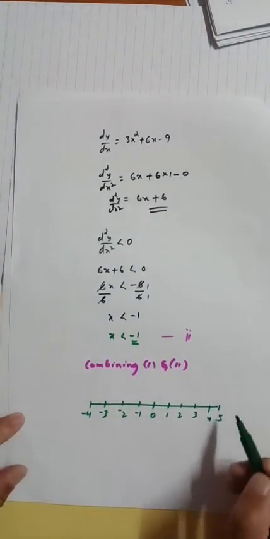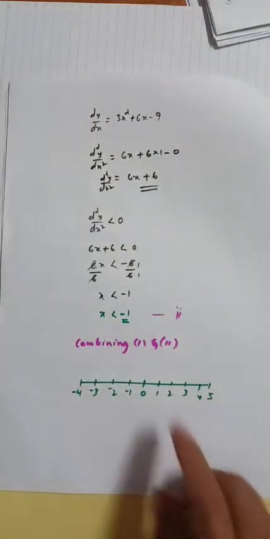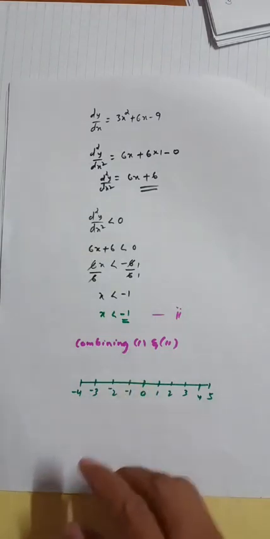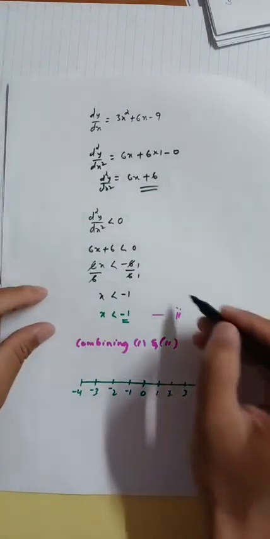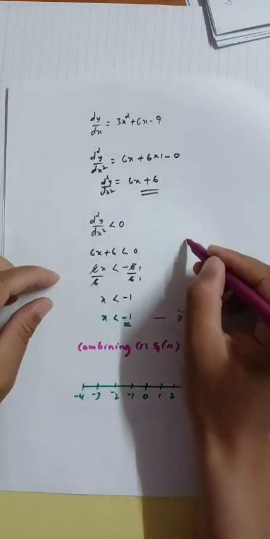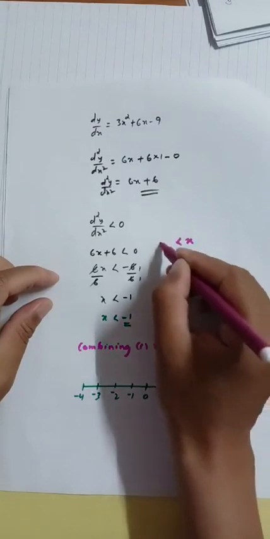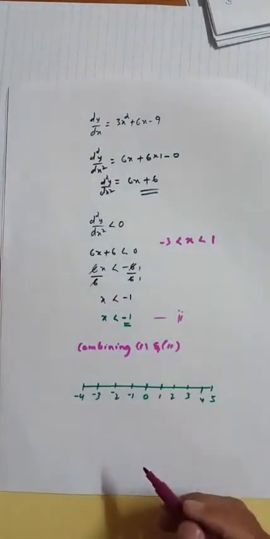Mark the range for each condition, and where they overlap, x is greater than negative 3 and less than 1.